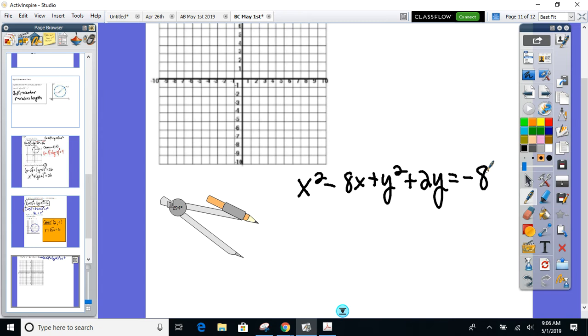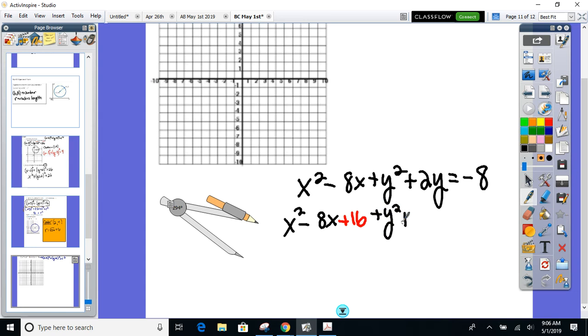Take half of -8 and then square that number. You get 16. X squared minus 8x plus 16. Good. Now we're going to do it with the y's.